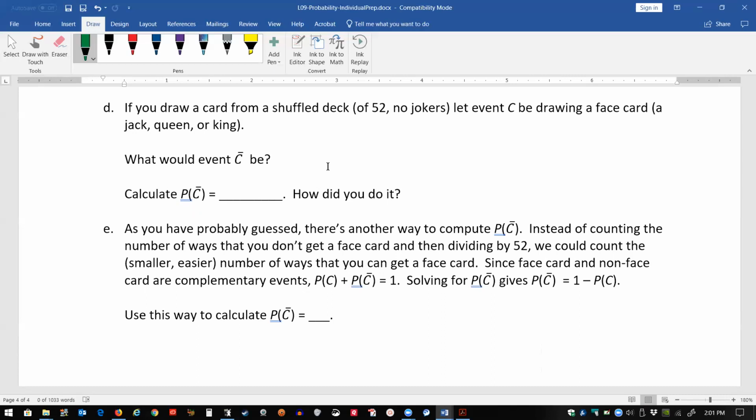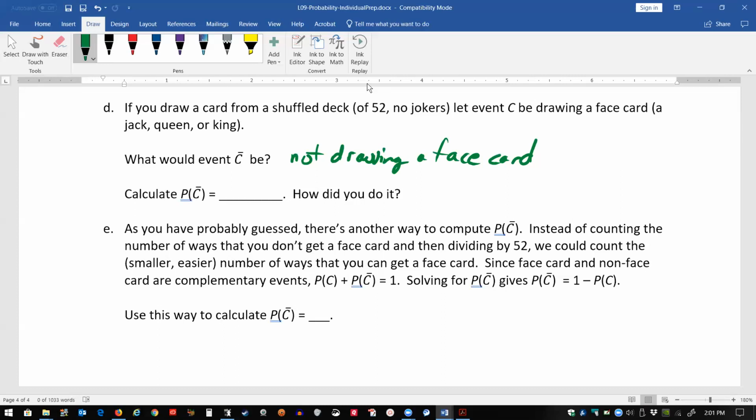Well, what is the complement of drawing a face card? Well, that would be not drawing a face card, right? And what's that probability? Well, if there are 12 face cards in the deck, how many cards are not face cards?